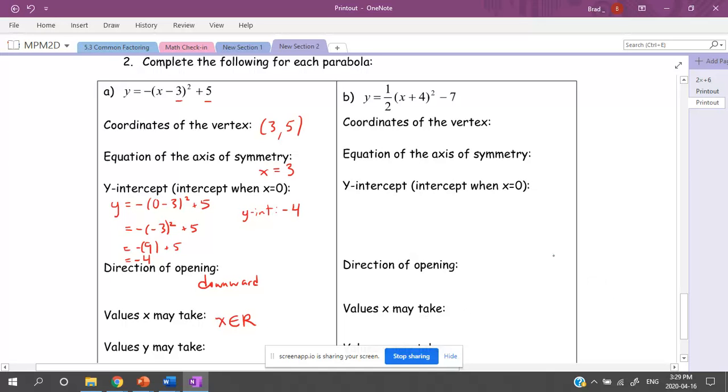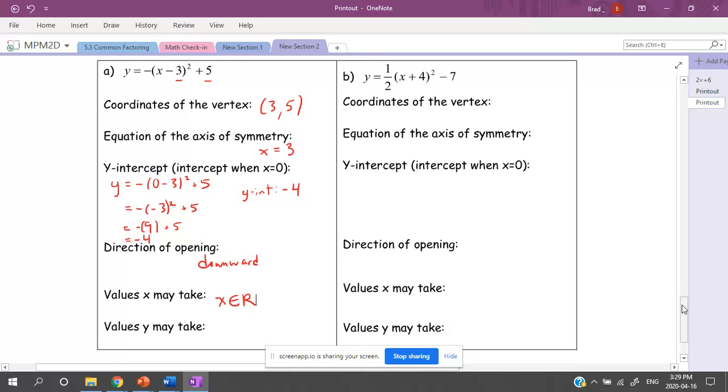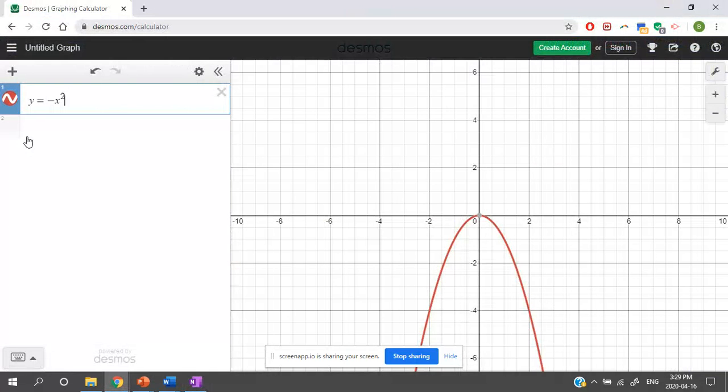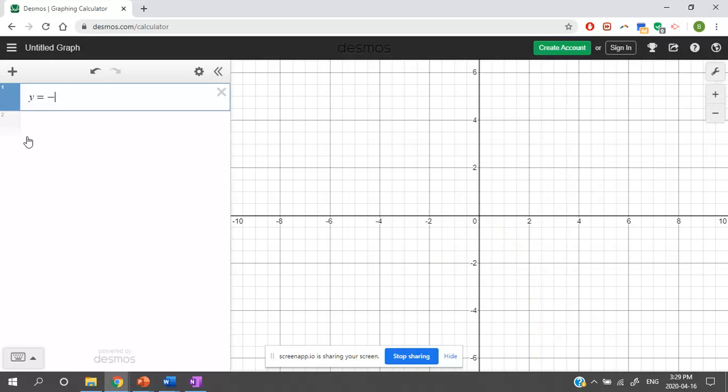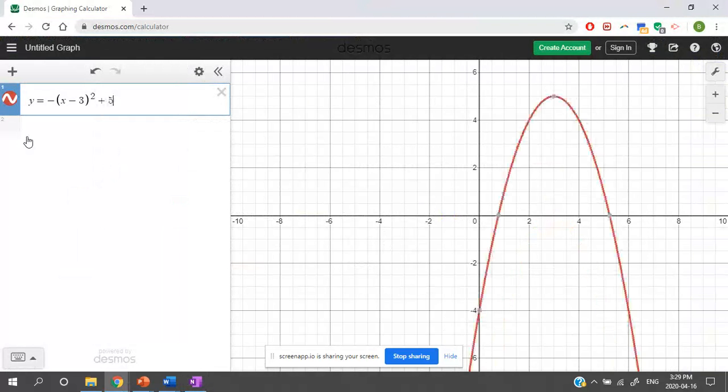That's what that R stands for. What values might y take? Okay, so what are some limitations of this? So if I'm going to graph this out, are there some values that there could never be for y? I'm going to graph it for you to see what it looks like. Let's see, we have negative x minus 3 squared plus 5.